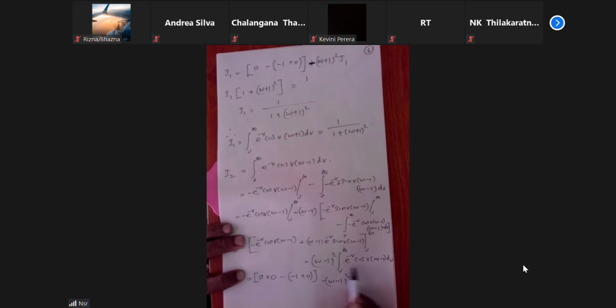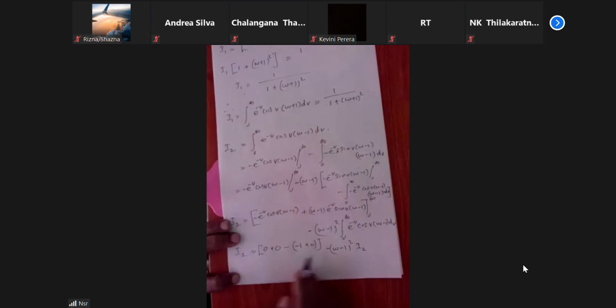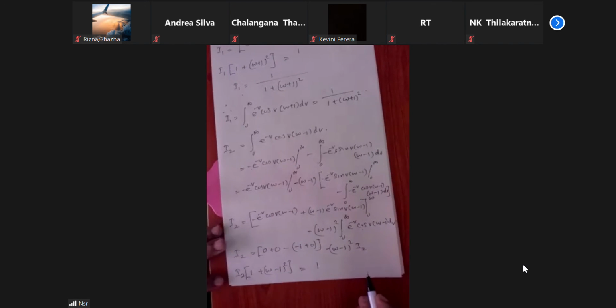This component means I2, no? I2. And this one again is I2 equal this one. Then the I2 terms you can take out. I2 equal 1 plus (omega minus 1) square equal, this is 1. Please check my calculation. Am I correct? Yes, sir.